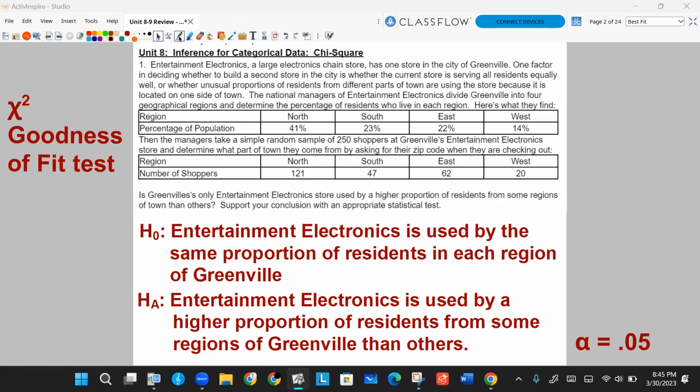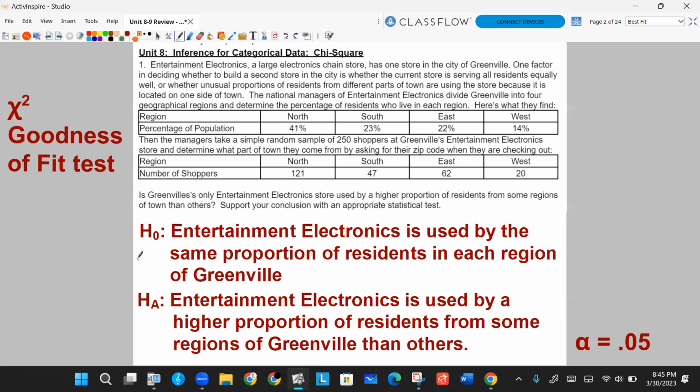In other words, I would expect about 41% of the people shopping from the North region to be representative of my store, and 23% to be representative customers of the store, 22 for East and 14 for West. My alternative then would be basically trying to state the question. Entertainment electronics is used by a higher proportion of residents from some regions of Greenville than others.